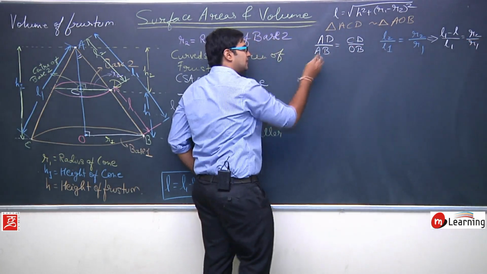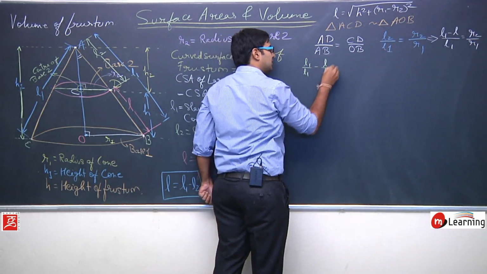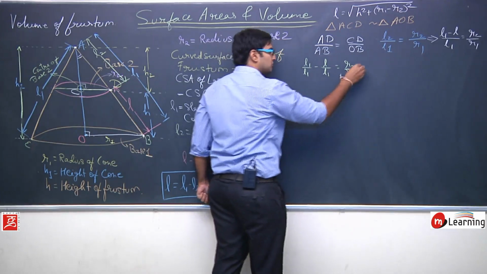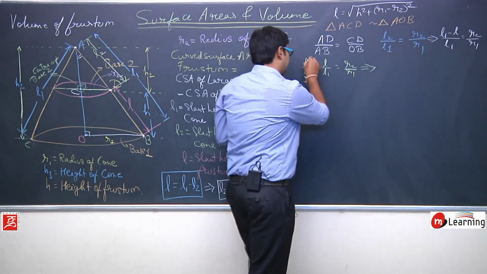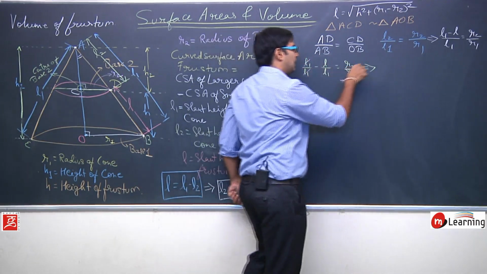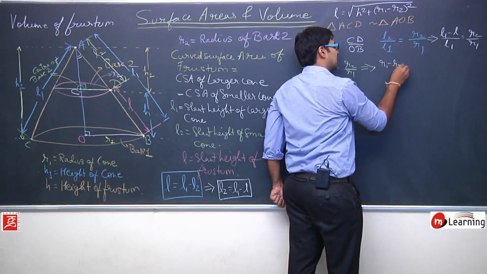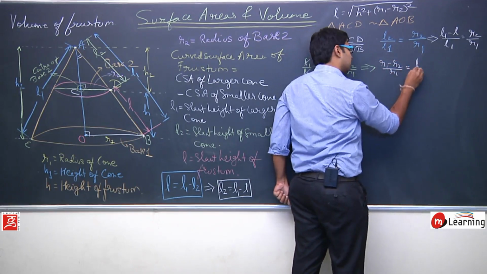If I simplify that, L1 upon L1 minus L upon L1 is equal to R2 upon R1. So the L1 and L1 cancel, giving 1, and when you solve this it becomes (R1 minus R2) upon R1 is equal to L upon L1.